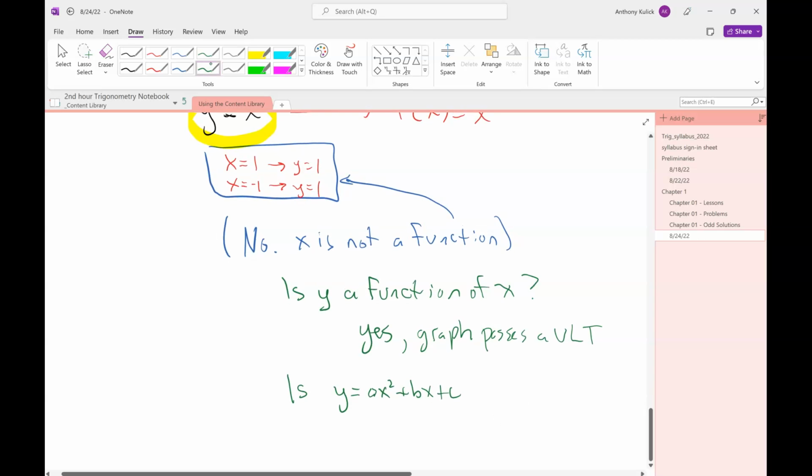Standard form. Standard form for what kind of function? Starts with a Q. Quadratic. So our equation, y equals x squared, is a quadratic function.